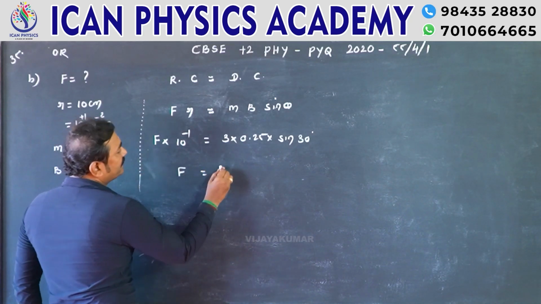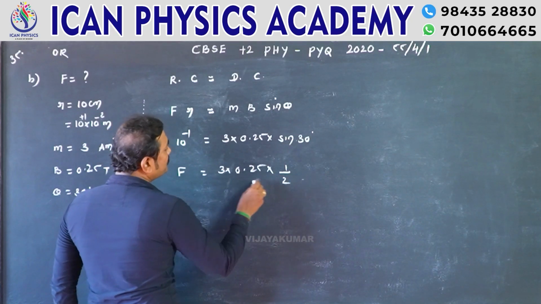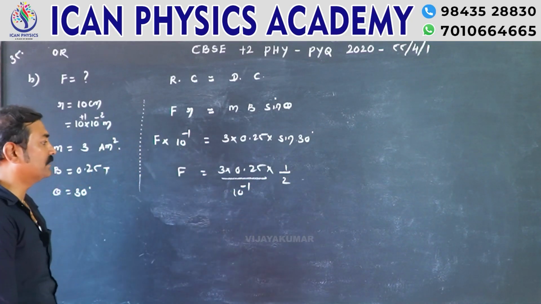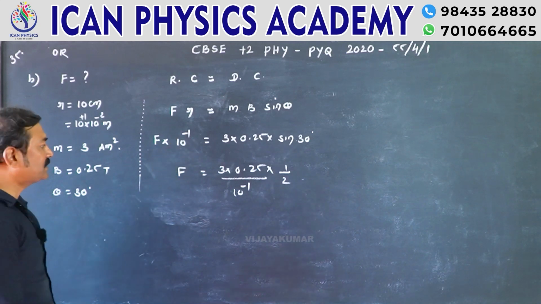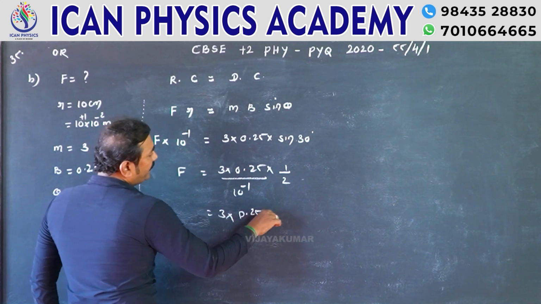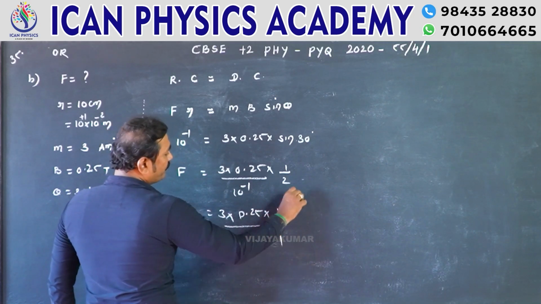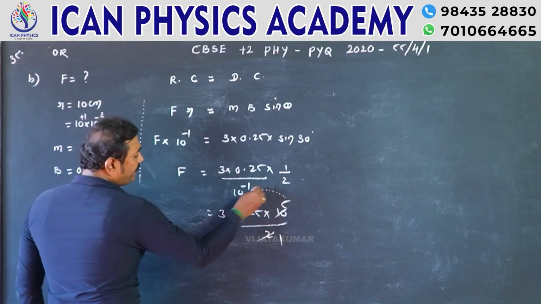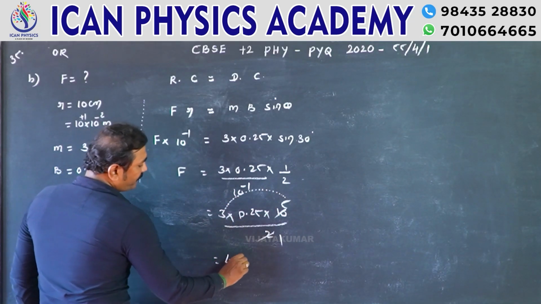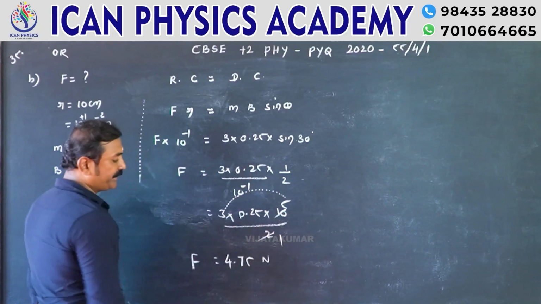So F equal to 3 into 0.25 into sin 30, which is 1 by 2, into 10 to the power minus 1. The minus 1 goes to the numerator as plus 1. So 3 into 0.25 into 10 by 2. 5 twos are 10, and 3 fives are 15. So 15 into 0.25 will be 4.75. This much force, this many Newton.